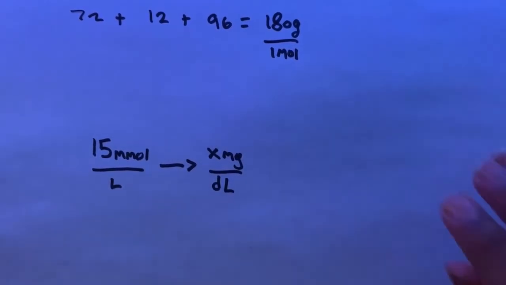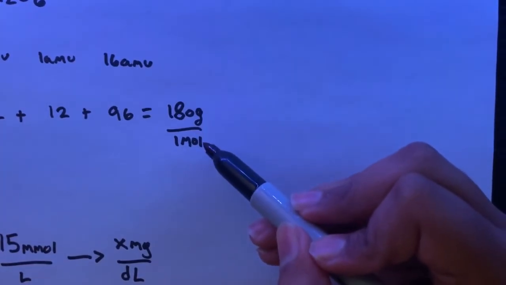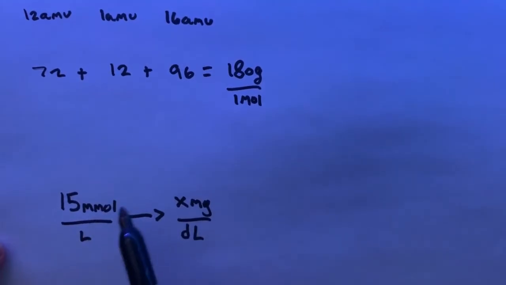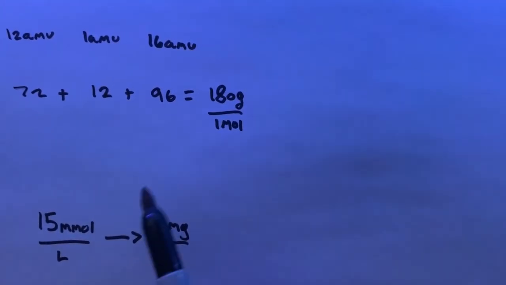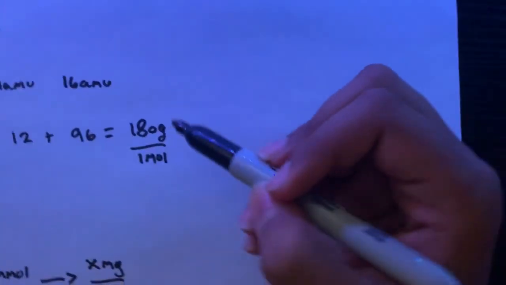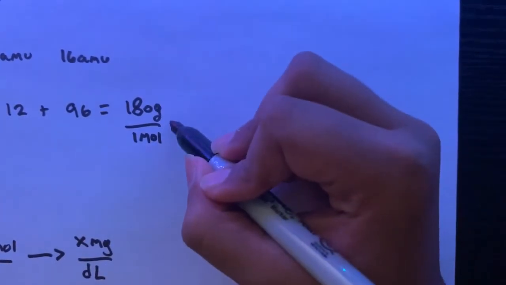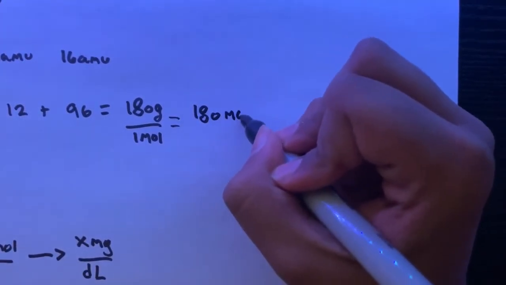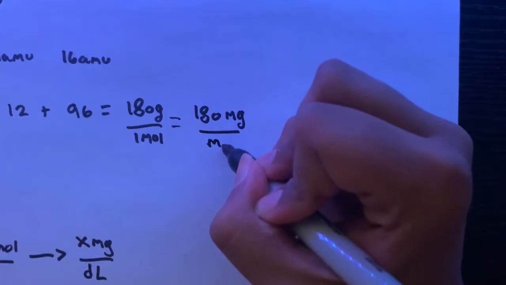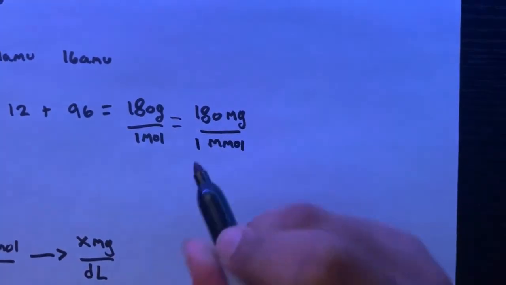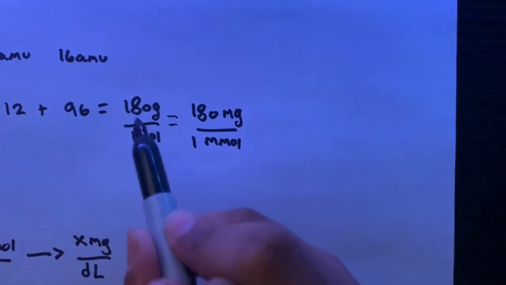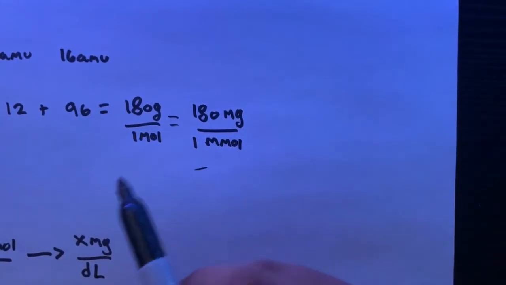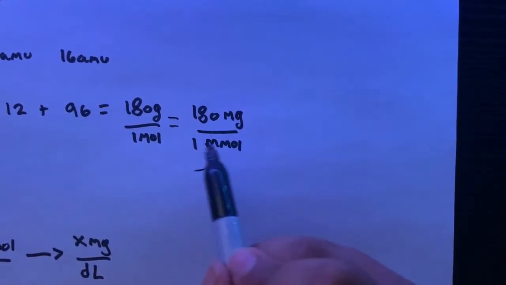But first, over here we have grams per mole, and to convert from millimoles to milligrams, we can't have grams per mole. So grams per mole is actually the same as 180 milligrams per millimole, per 1 millimole, because you're just dividing each by 1,000, so you're actually getting 180 milligrams per 1 millimole. So these two are equivalent. So let's start with this as our base.